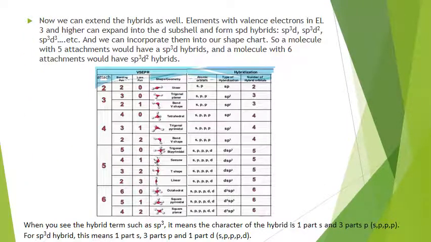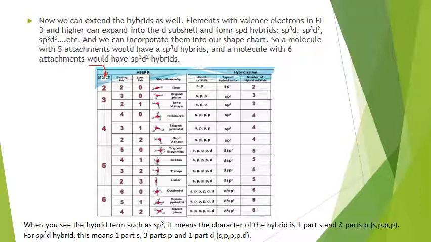All right, so now we can extend this, and so here I have a table, and what I have here is my attachments. Okay, and this can be just some random molecule.